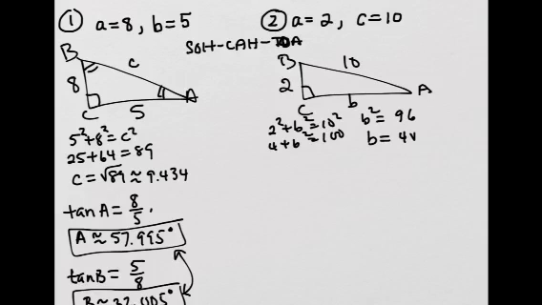is 4 radical 6. Okay, approximate value would be 9.798. Okay, to find angle A, I was given the opposite of A. Here's A, right?